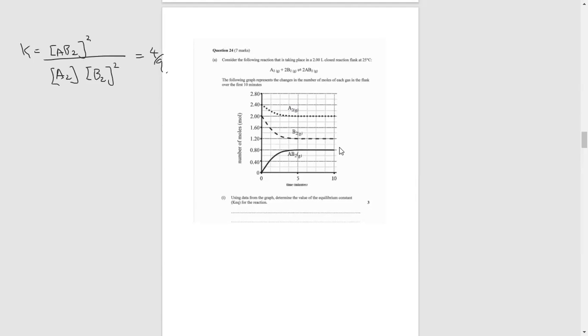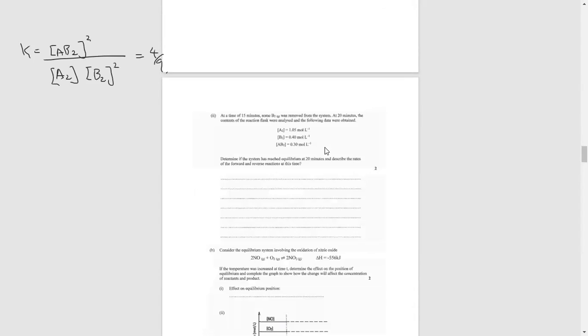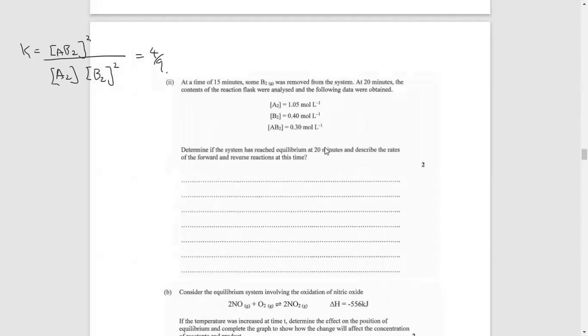All right, with that in mind, let's now look at the data that they're giving us. Remember, adding or removing reactants does not affect K. The only thing that affects K, apart from the reaction itself and the equation you're using, assuming that is set, is temperature. You can add as much reactants as you want.